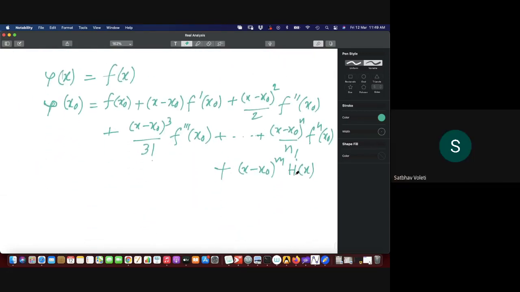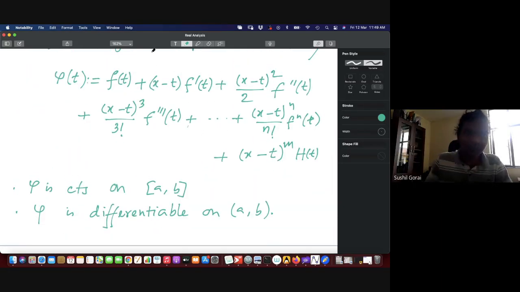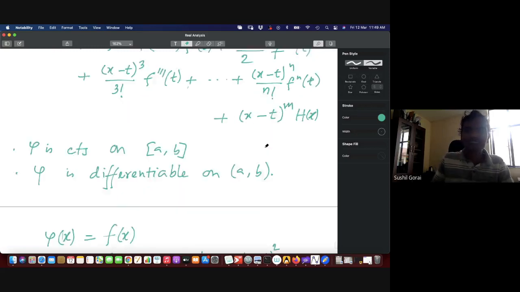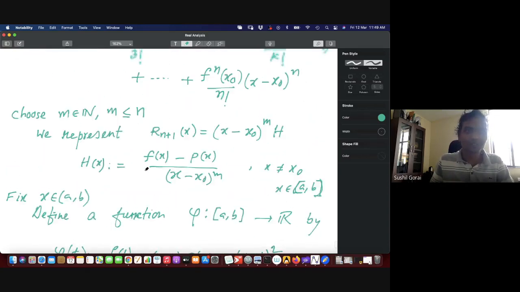So you wrote h of x here, but above you wrote h of t, right. So there is a need to change here. Instead of h of t, that part we need to make h of x. Yes. We need this phi of x naught to be just f of x also, right? This is also f of x.